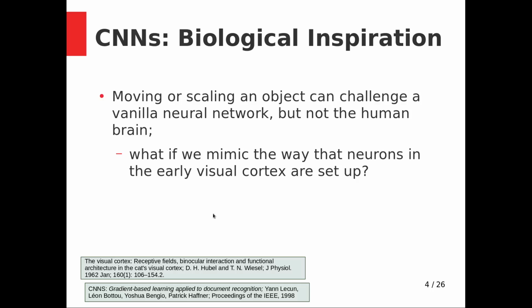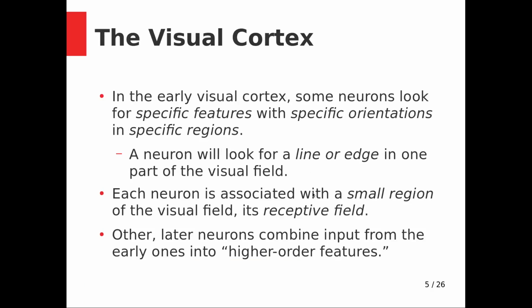Anyway, what if we look at the way the early visual cortex is set up and mimic that? Well, in the early visual cortex, you have a bunch of neurons that are responsible for looking for a specific feature, like a line of darkness dividing two regions of light.